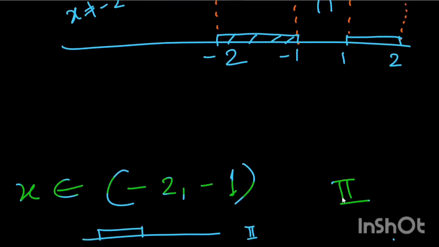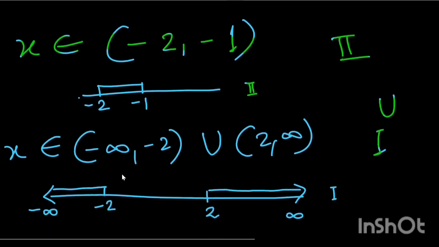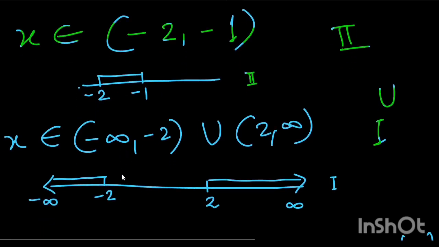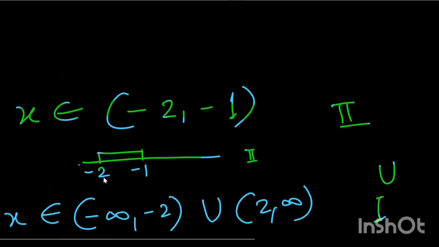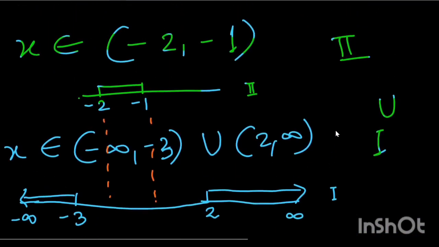So the final answer would be the union of the first and the second. So guys, the first part and the second part we will take union. Just a minute, guys. So we will take the union of the first and the second case.